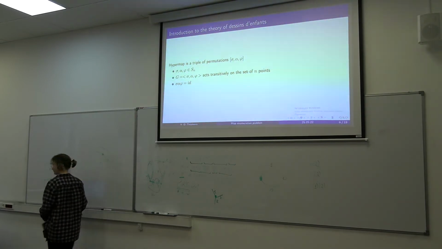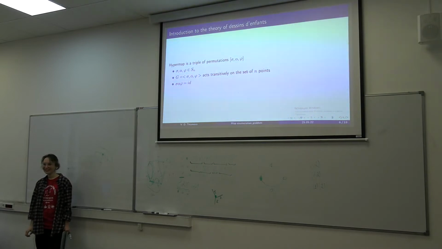And for example, if sigma is one cycle, and alpha and phi are identity.